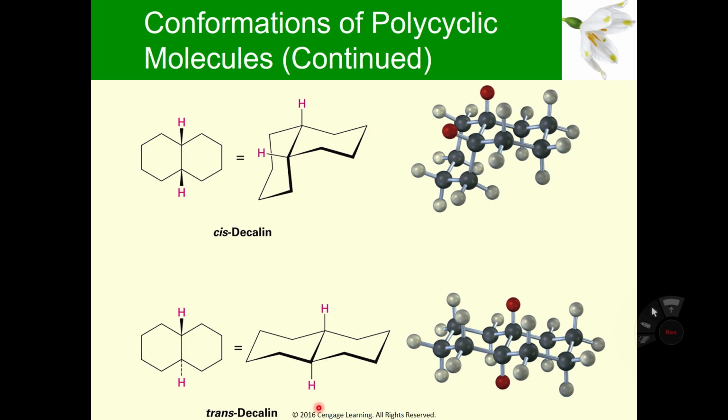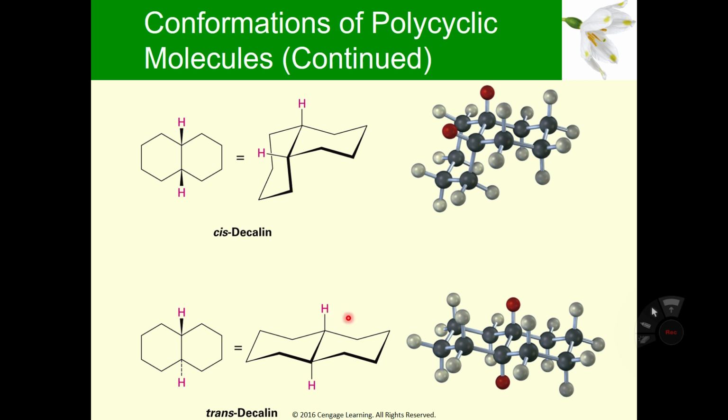About trans-decalin, they are pointing away. In this case, the two CC bonds in the ring cannot point away because they are in a ring structure. So in order to make a trans-decalin structure, two hydrogens should be pointing away from each other.